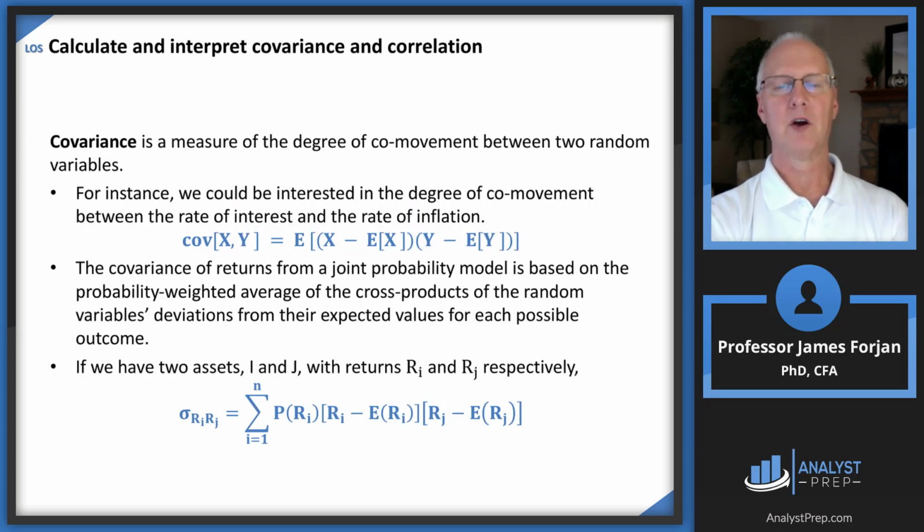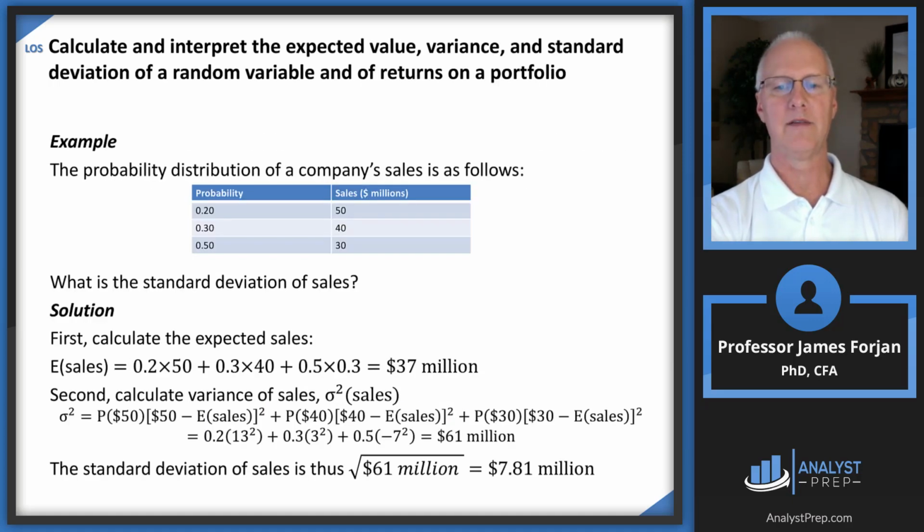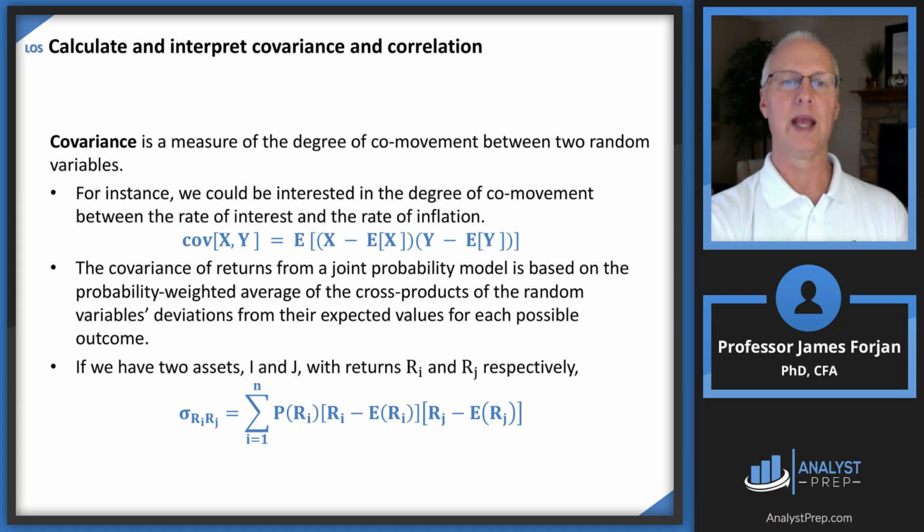All right, how about covariance and correlation? Notice back here, when we calculated the variance, we took each possible value minus its mean value or its expected value, and then we squared it. That's because we were just doing this against the sales, so we had to square it to get rid of the negative. But with covariance, what we're trying to do is measure the degree of co-riskiness or co-movement between two random variables.